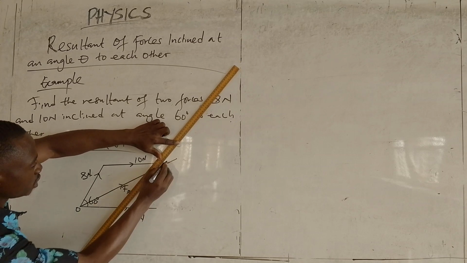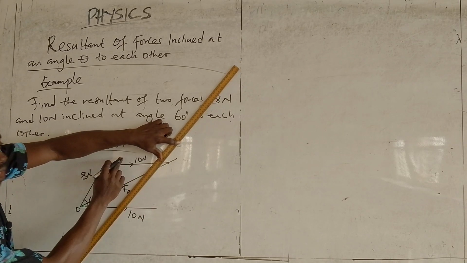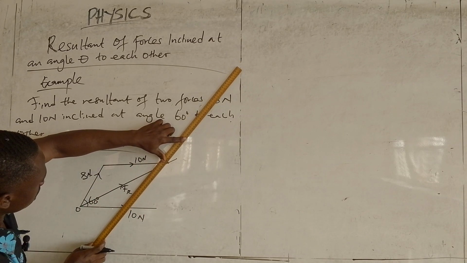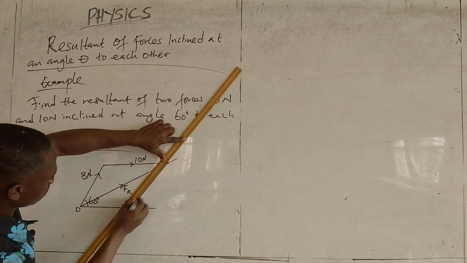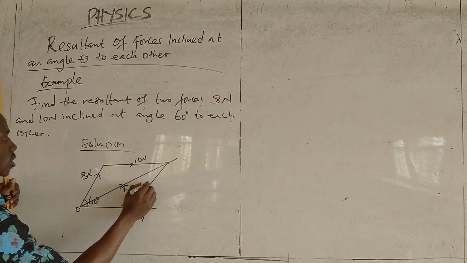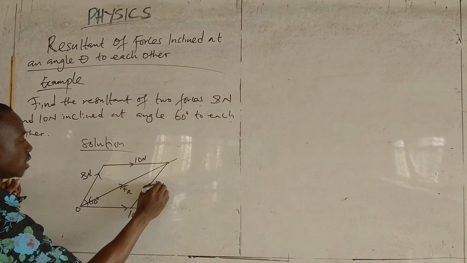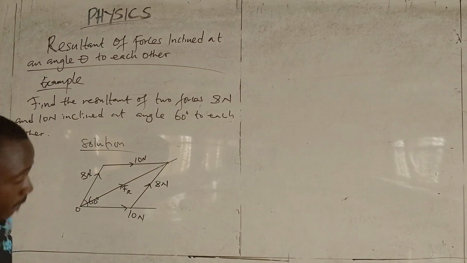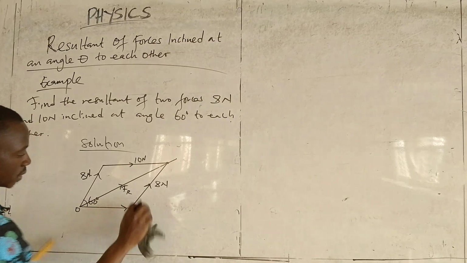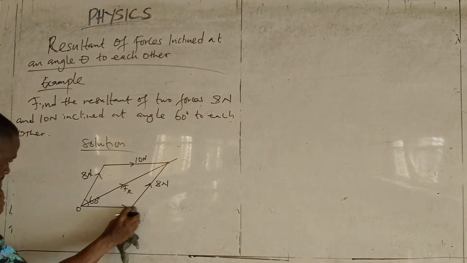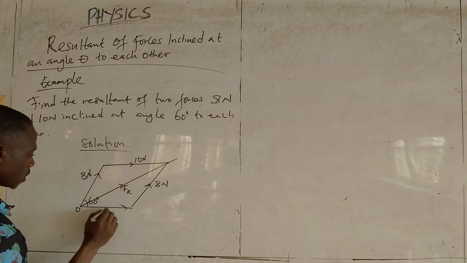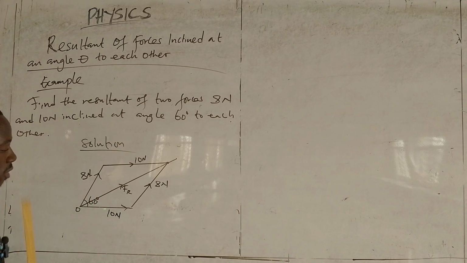Then come here from the point of intersection, where this 10 Newton meets the resultant. Draw another parallel line to this one. Okay, so this is what? 8 Newton. So you can clean this part. Okay. So yes, 10 Newton. So this is the resultant.